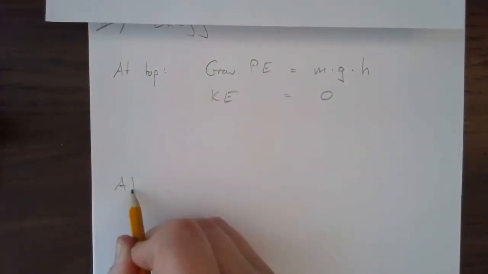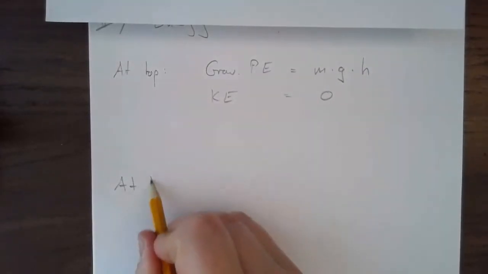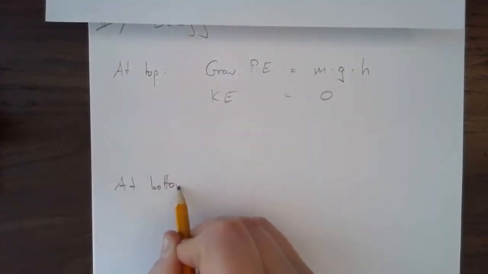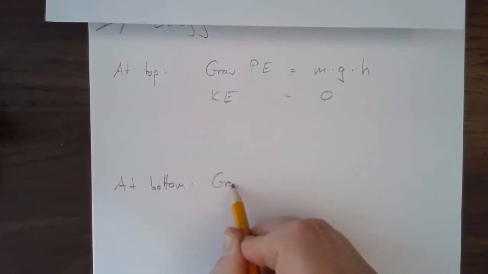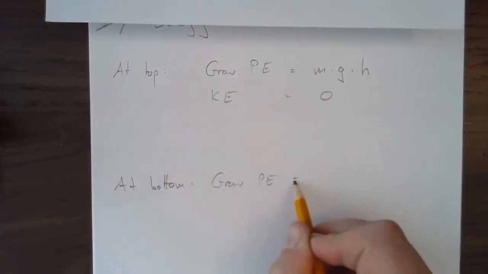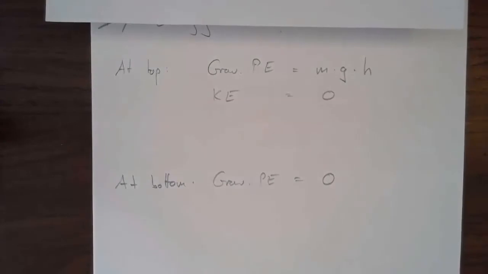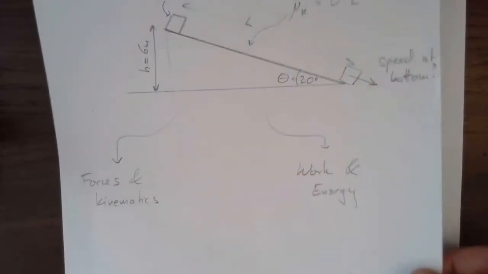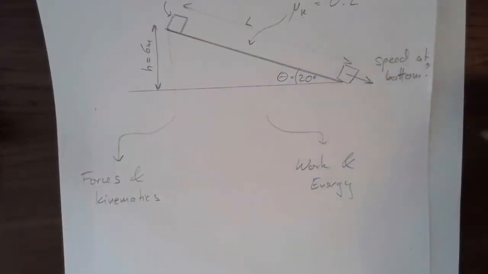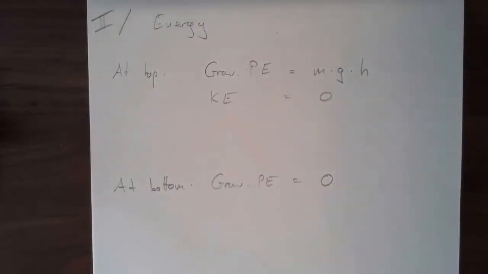At the bottom, and I'm leaving a gap in here for a reason, I have gravitational potential energy. Well, that's now 0 because I've reached the ground. Right, down here, ground level. That's where I want to find the speed.